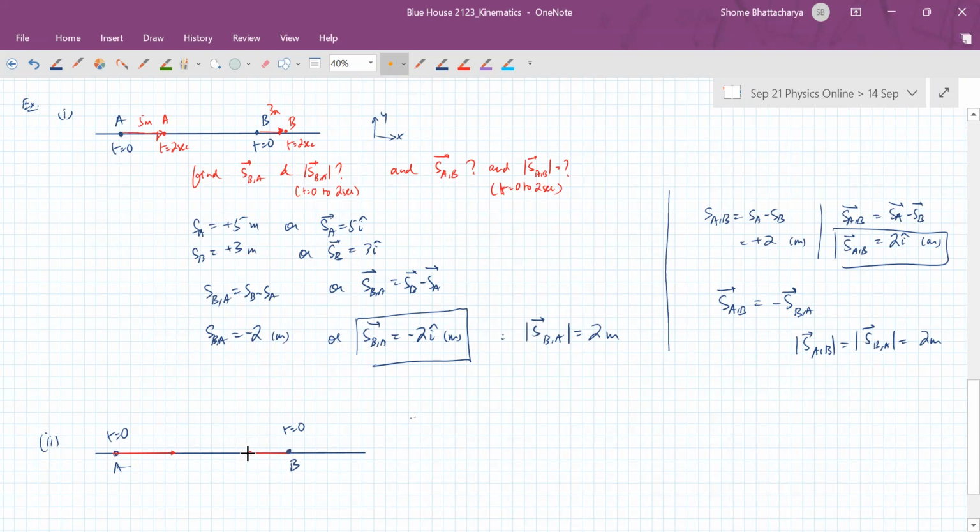So B is moving along the negative x-axis. Again B moves by 3 meters, and A moves by 5 meters. So now we have to find the same things.